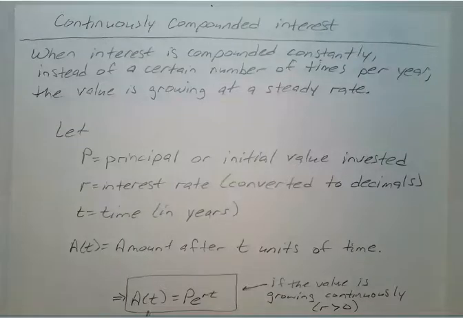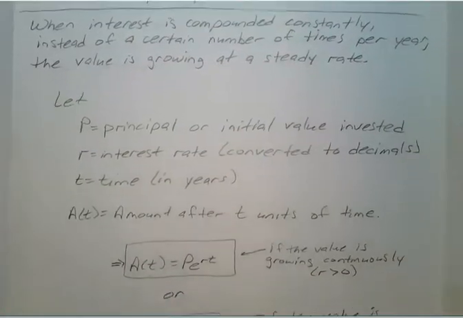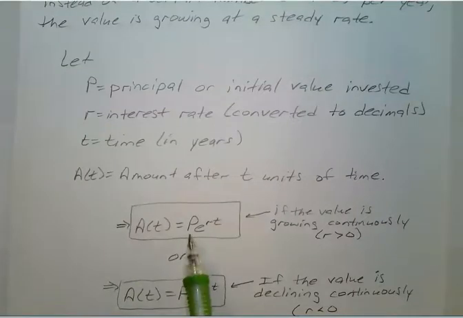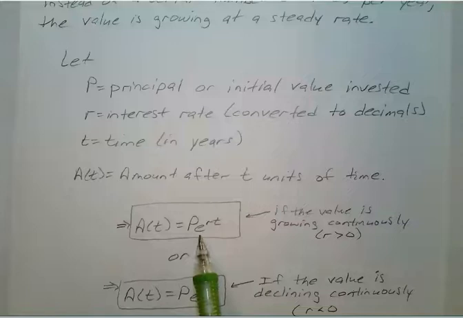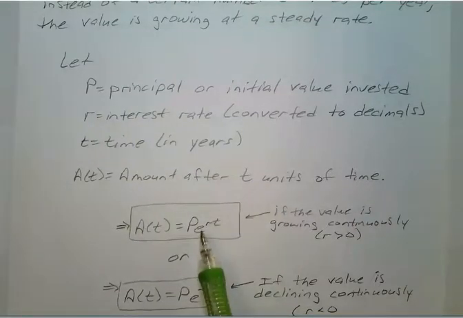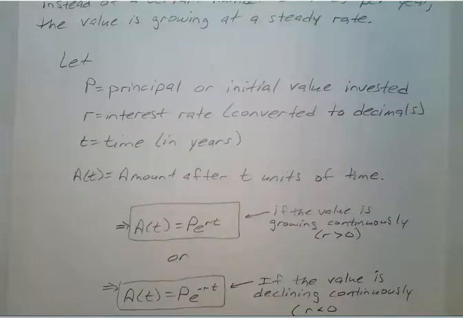Now, the only difference is the formula. Our A of T is equal to P, our principal, times the value E to the power of RT. Remember, E is not a variable. E is an actual numerical amount. So plug that E into your calculator, to the power of RT. And that's if the value is growing continuously, or your R is greater than 0.